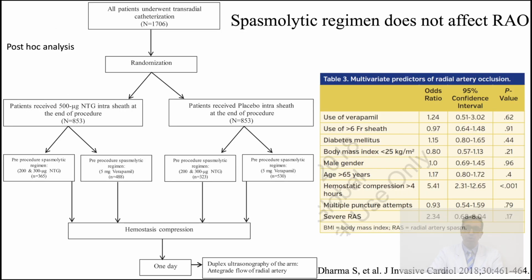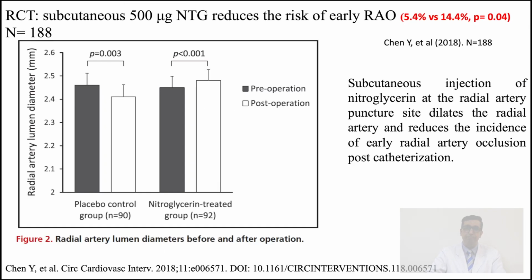We did a post-hoc analysis of that trial and showed that the use of verapamil or nitroglycerin as a spasmolytic regimen delivered at the beginning of the procedure was not associated with radial artery occlusion. This study also showed that severe radial artery spasm was not associated with radial artery occlusion, suggesting that radial artery spasm has no role in the pathophysiology of radial artery occlusion.